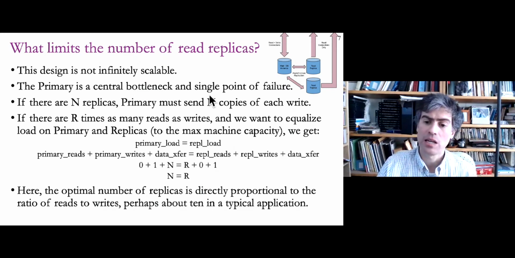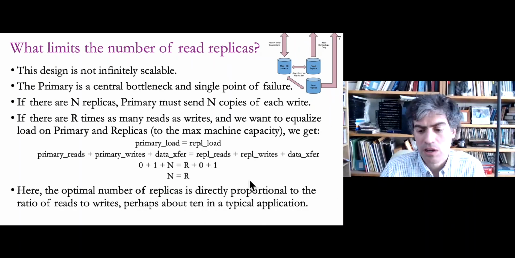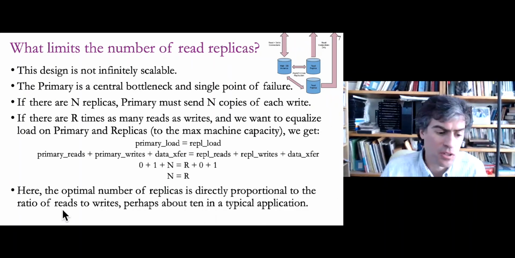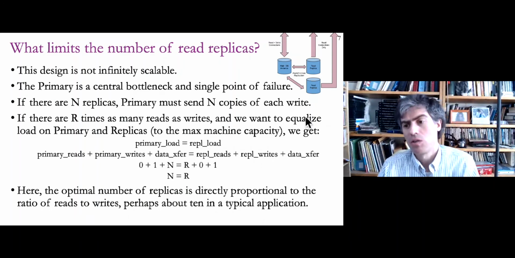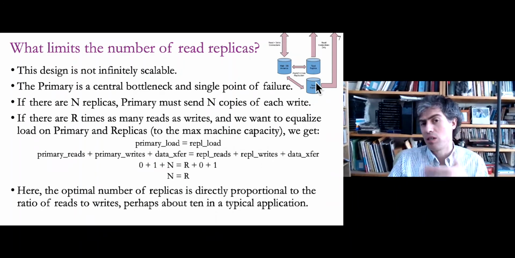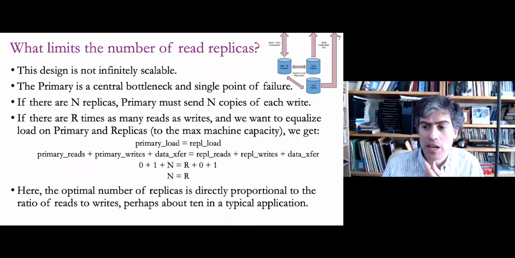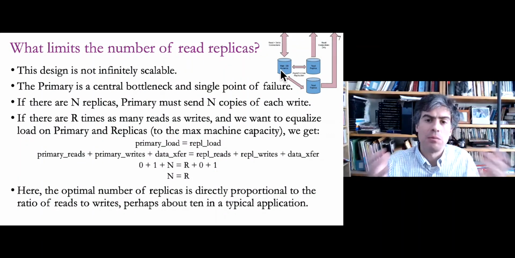Every write takes n times as much work because of the copying that needs to be sent. So when you balance those two, you find that the optimal number of replicas is directly proportional to the ratio of reads to writes. So for example, if you have 10 times as many reads as writes, then you could have 10 read replicas and one primary, and that would be balanced, right?